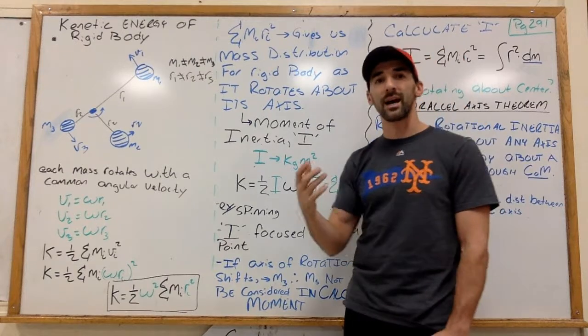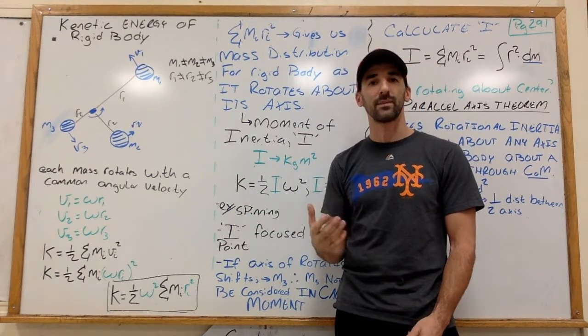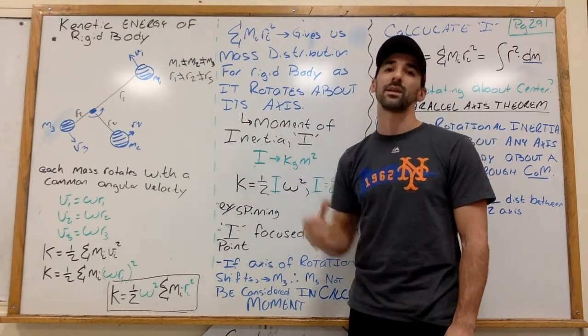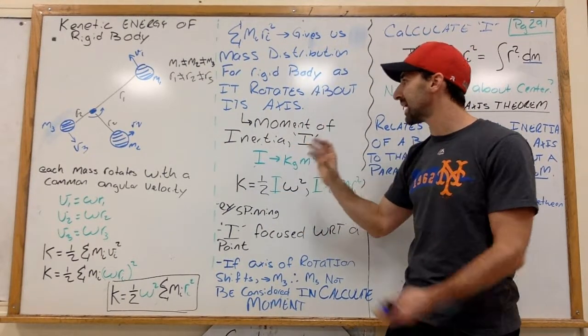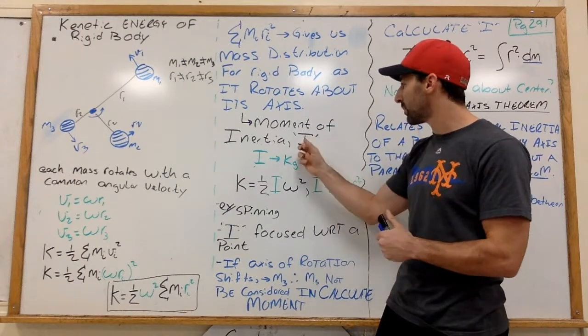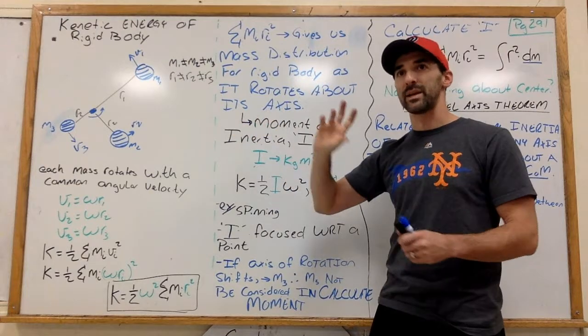We know inertia is an object's ability to resist a change in motion. It's straight from translational kinematics. Well, now it takes energy. It's hard to get something to spin, get something to rotate. So rotational inertia is just that. Its moment of inertia is the ease with which it's spinning. Is it hard to spin?